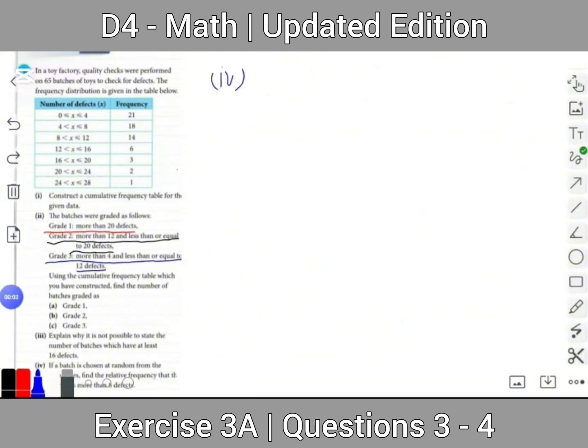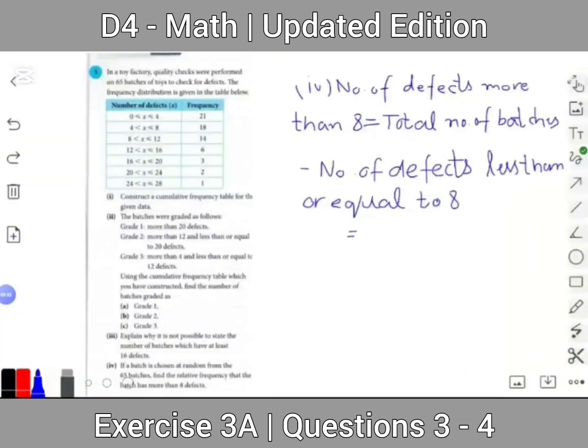Now in part 4, if a batch is chosen at random from the batches, find the relative frequency that the batch has more than 8 defects. The total number of batches is equal to 65 and the cumulative frequency for the number of defects less than or equal to 8 is 39. So here we have 26. Now we have to find out the relative frequency.